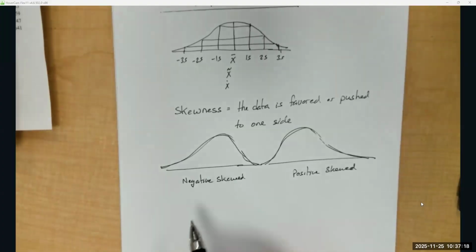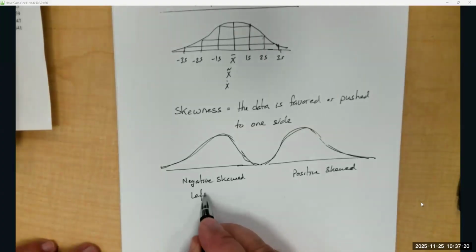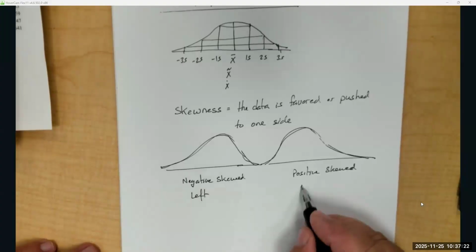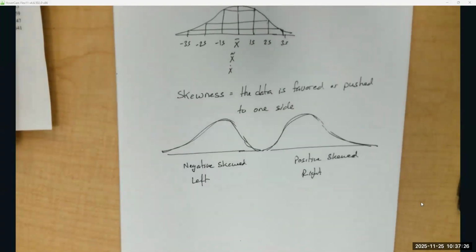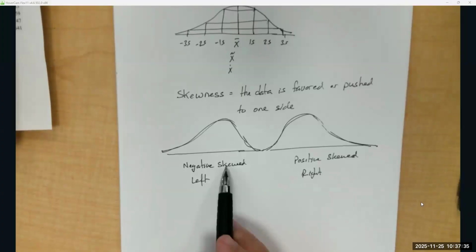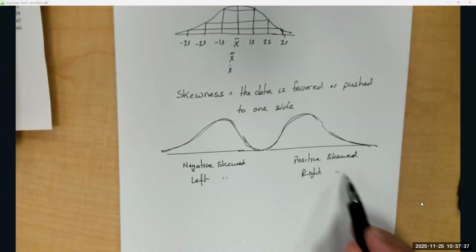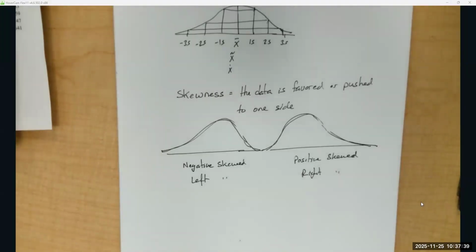So this is left skewed. This is right skewed. How can we tell? Why do we call this left skewed and this right skewed? I told you about this a week ago. How do you determine these? And I put them this way for a reason.